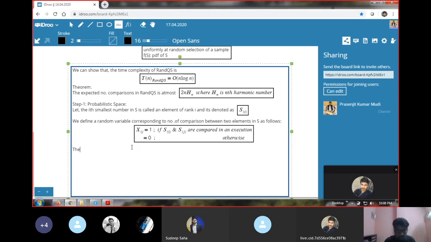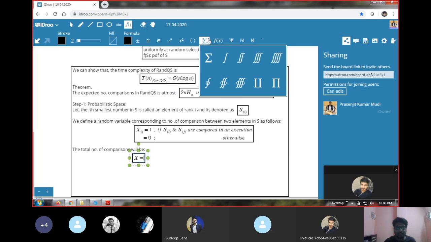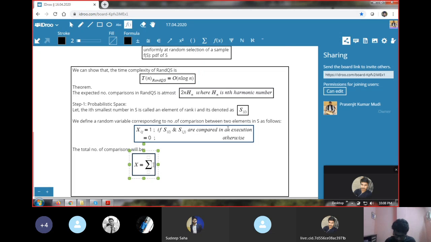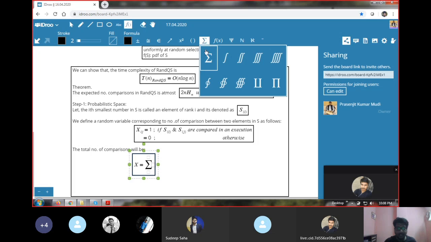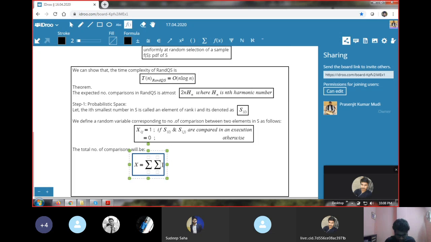So the total number of comparisons, let's say that variable is X, is the summation over two indexes i and j, so it will be a double summation of Xij.